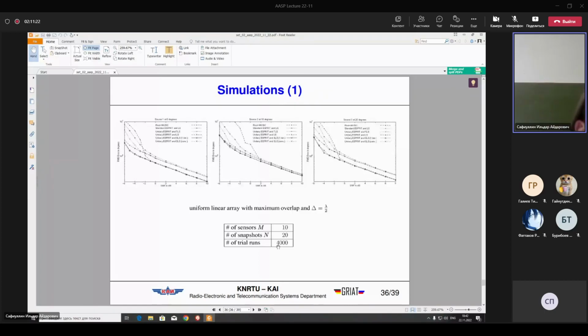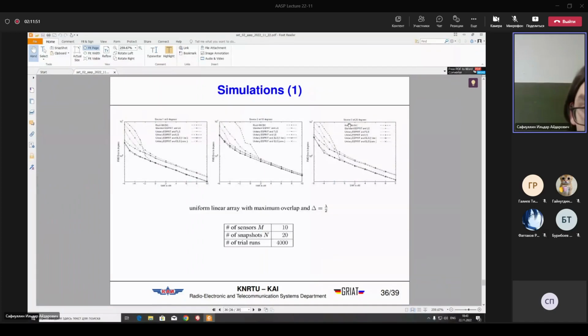Let me check, maybe I will just tell you what we have here. We have the same very bad performance of root MUSIC for signal to noise ratio from -6 up to -2, here up to 2, and here up to 0. The first one is our source 1.